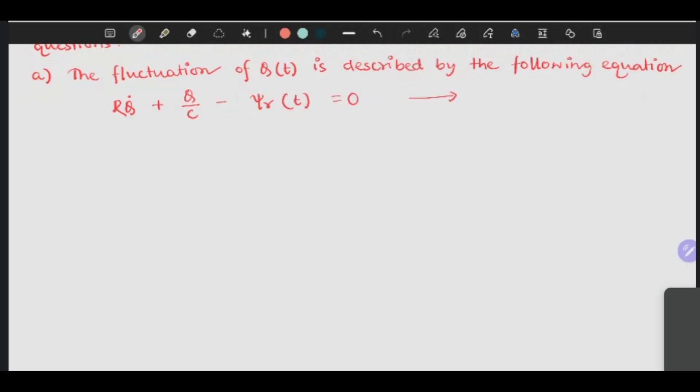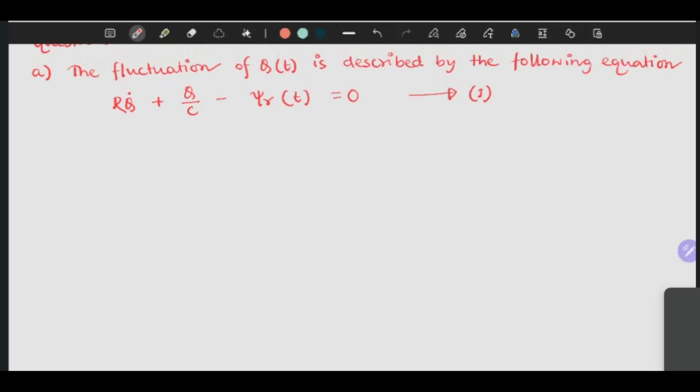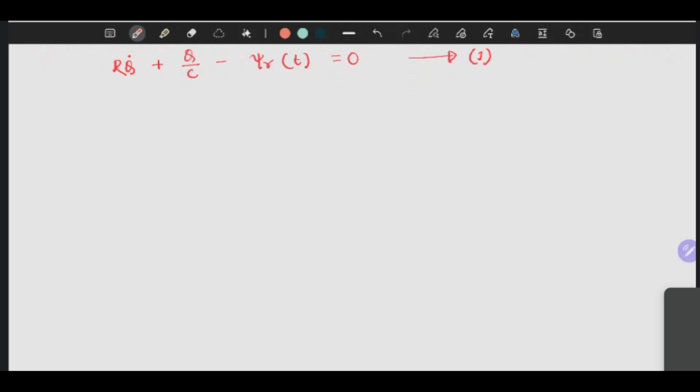Let's say this is equation 1, where psi_R(t) is the fluctuating voltage.